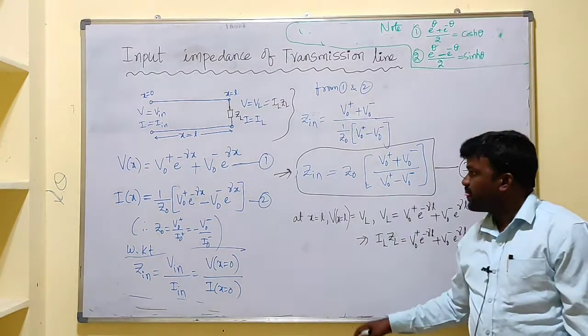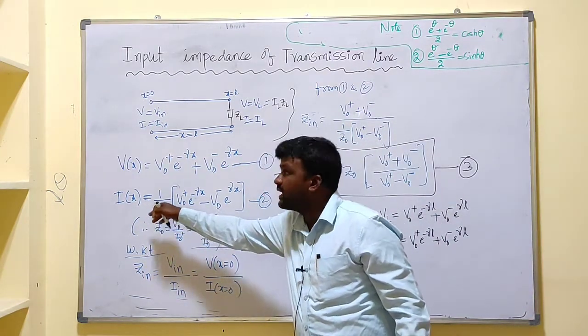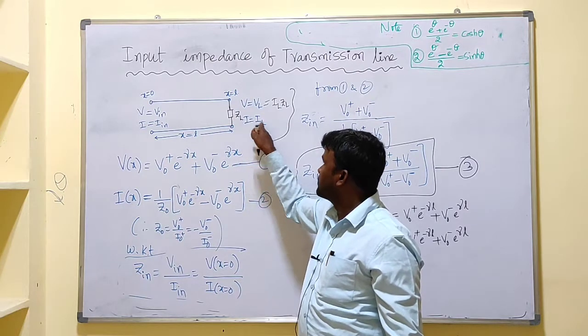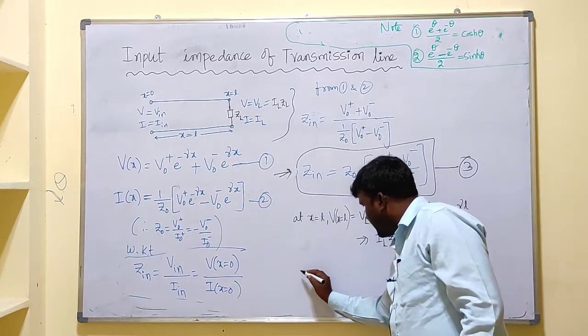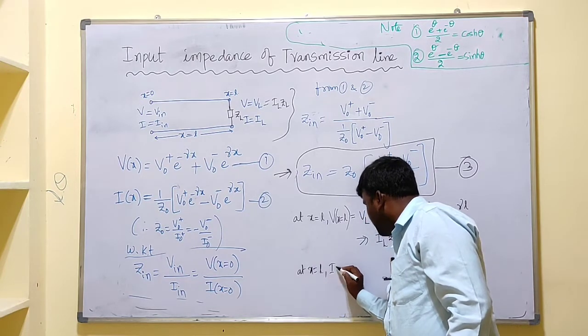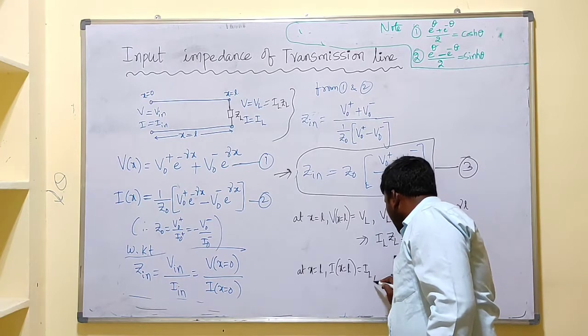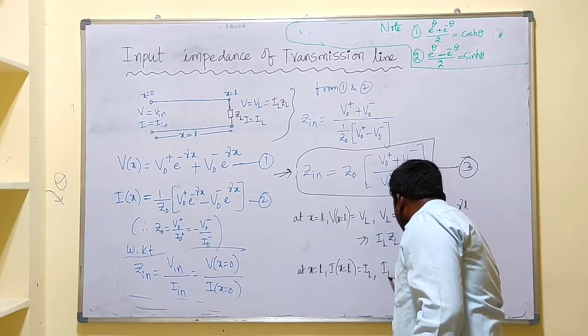Now similarly, at x equal to L, I of x gives what? IL. At x equal to L, I becomes IL.